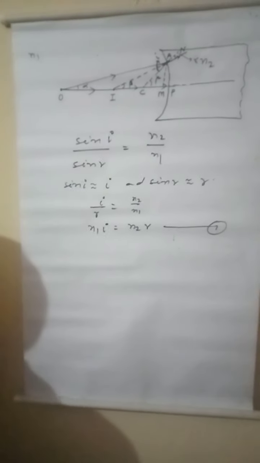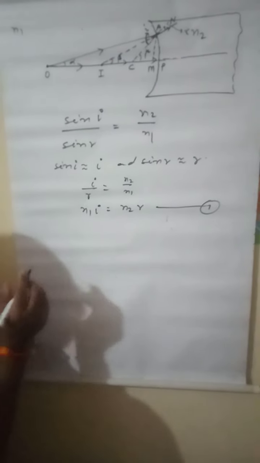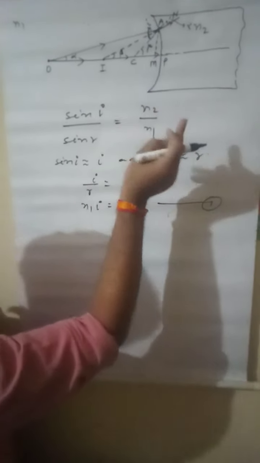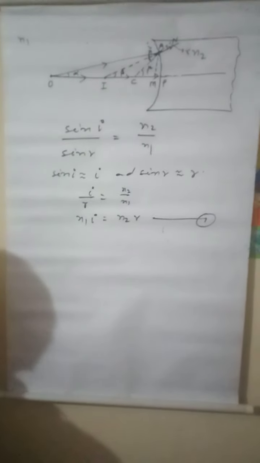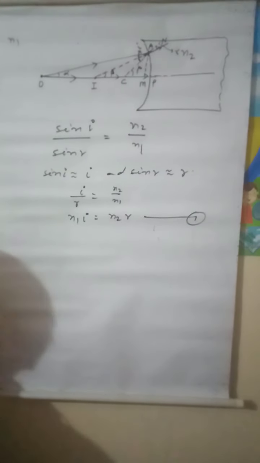Now we have to find i and r from the above diagram. If we relate alpha, beta, gamma with i and r, then we have to consider that the sum of two interior angles is equal to the exterior one.